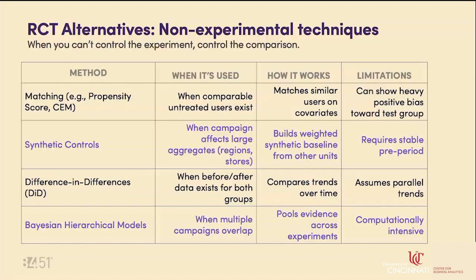So when the leadership gets access to a result from a campaign that used matching for identifying the controls, they might see that that campaign performed so much better than a campaign that used RCTs. It's natural for leadership to try to do an apples-to-apples comparison and say that the campaign that used matching significantly outperformed the other campaign. But in reality, that might not be the case because, like I said, matching can introduce a heavy positive bias on the results of the test group.